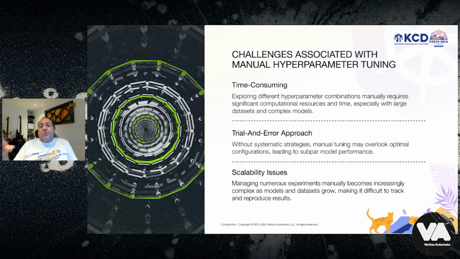So the challenges that we had in the past, before Katib, associated with manual hyperparameter tuning were the time, as already stated, a very, very long time to train models, the trial and error approach, and the scalability issues. And here I would like to say a few words on the ability of Katib, being run by Kubernetes, to be a tool that you can scale depending on the amount of information and complexity that you really want to process.